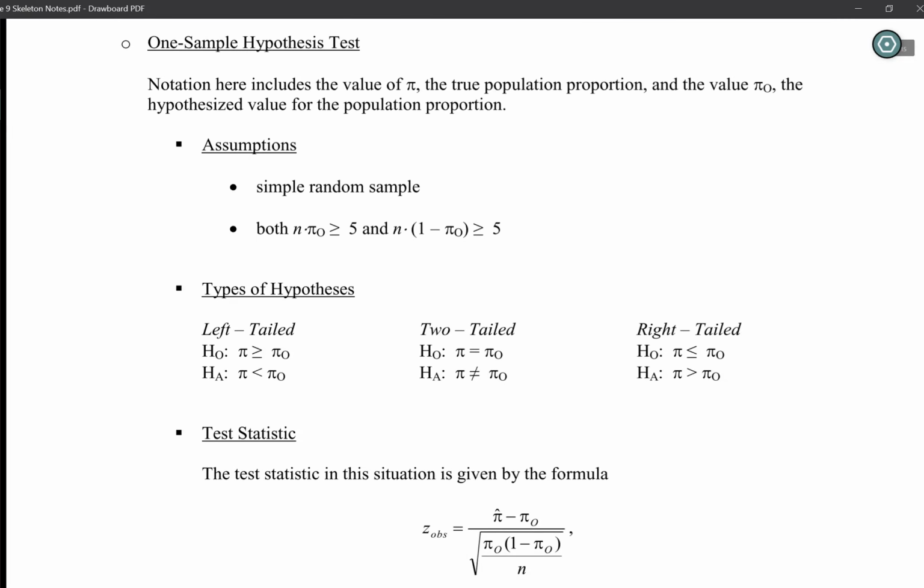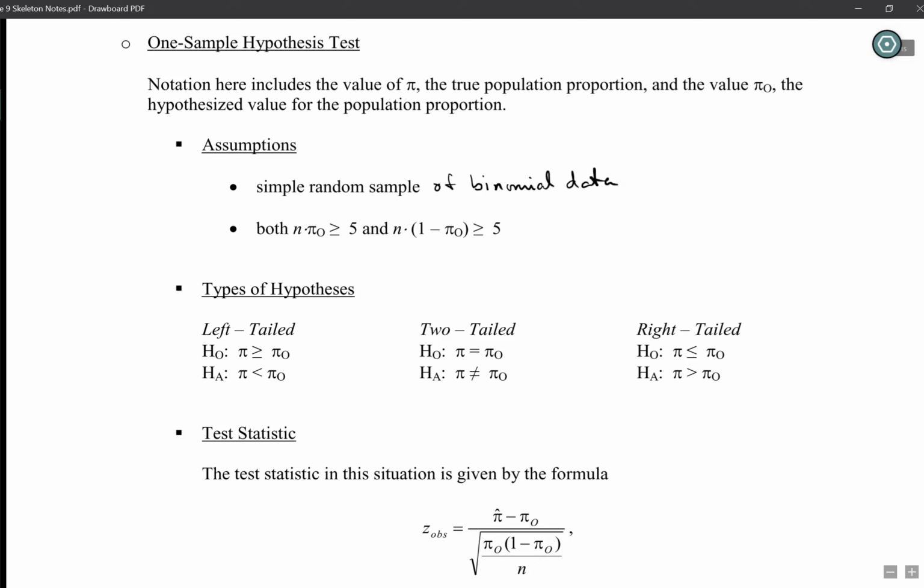Okay, so we can do interval estimation of a population proportion. We can also do hypothesis testing of a population proportion, and on this page I developed some of that idea. Here, notation is the same, except I've got this value pi naught. That's the null hypothesized value for the population proportion. The assumptions here are that I have a simple random sample, really I should say, of binomial data.